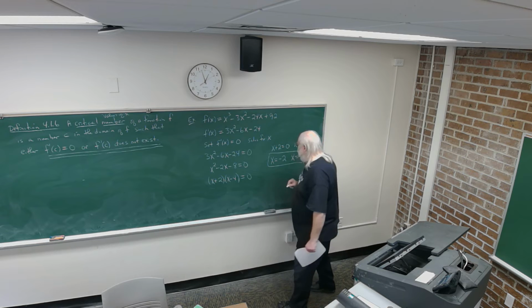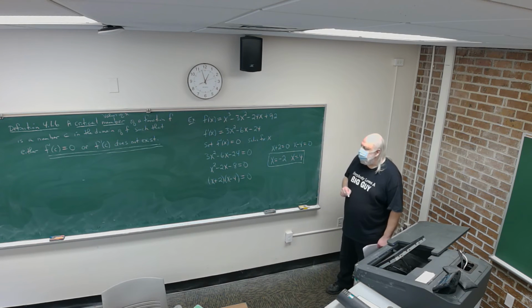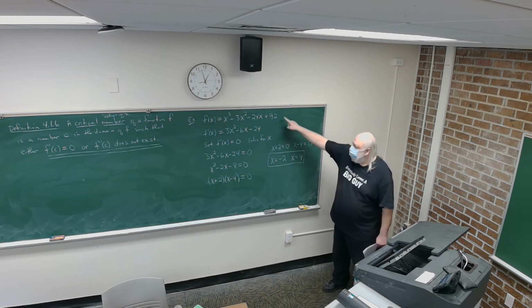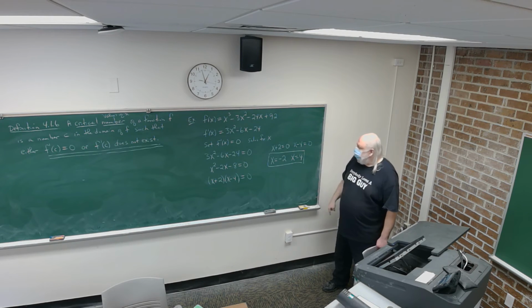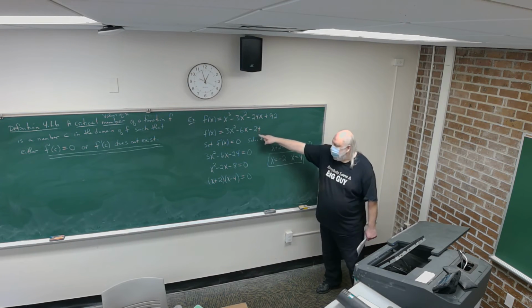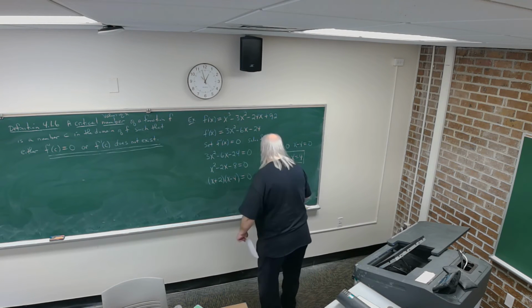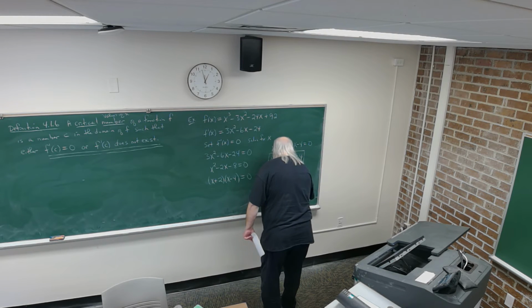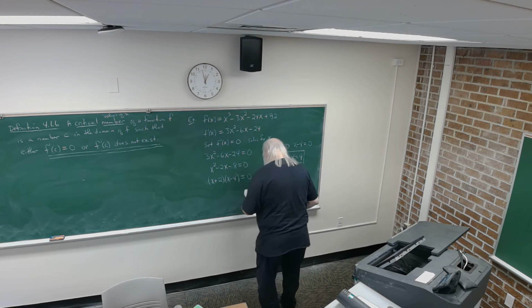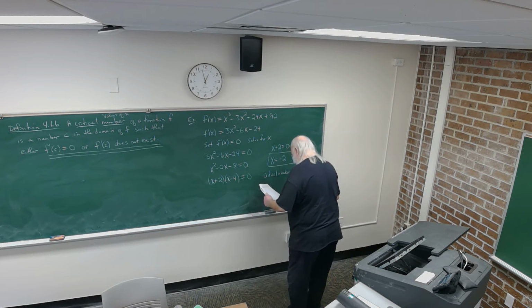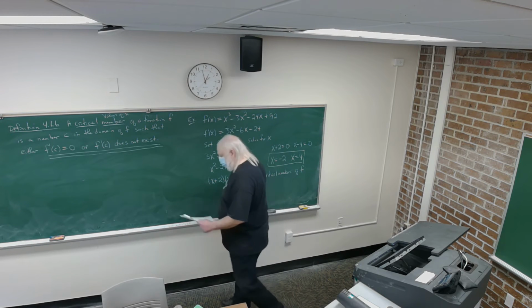So these two values of x are the critical numbers of f of x. Those are the two values of x that make the first derivative equal to 0. So these are the critical numbers of our function f.